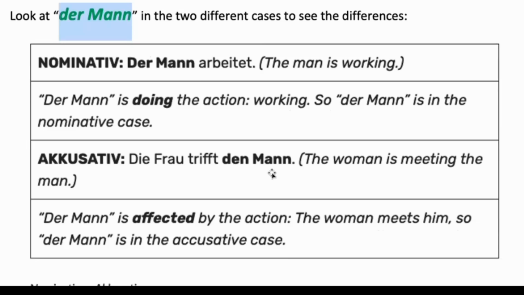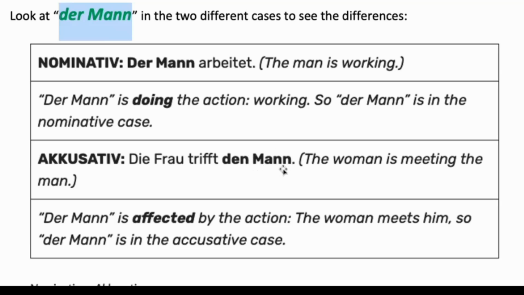So now the same noun we can use as an object also. For example, die Frau trifft den Mann. The woman is meeting the man. So this is my object now, the man. That is basically the accusative case. In accusative, we have to change der into den.